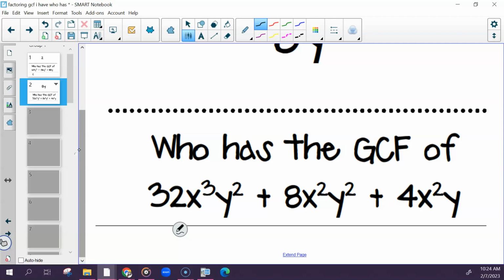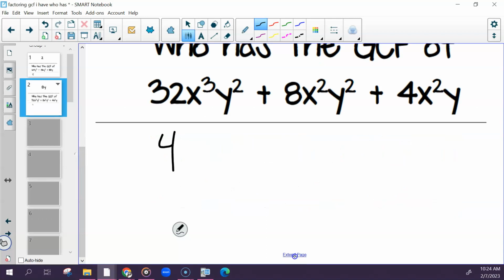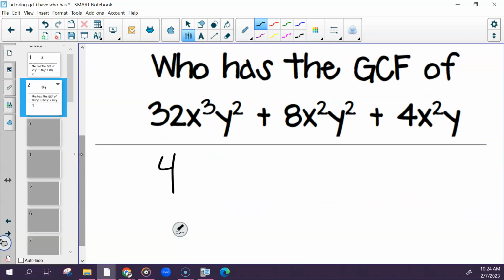What would the GCF number be? 4. So anyone who has a 4 on yours, look and see, do your variables match? If you're not sure, we can talk about it. So who has a 4 on there?